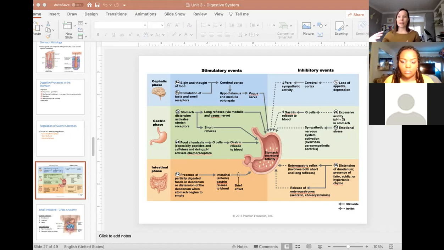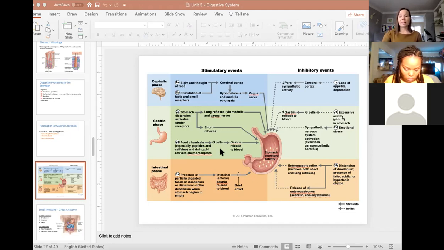So you've got two things just to make sure that it stops because it's not needed anymore. You have that enterogastric reflex, which is basically a nerve impulse being sent from the small intestine to the stomach, stopping the secretion of gastric chemicals. But you also have hormones that do the same thing just to make sure that it stops because it's not needed anymore.